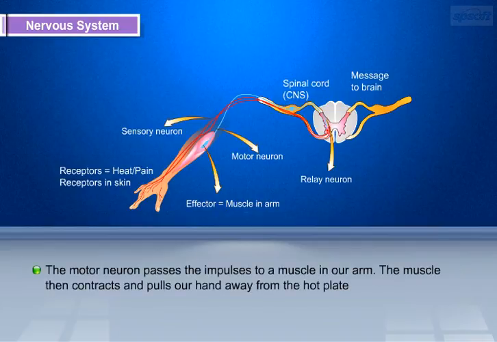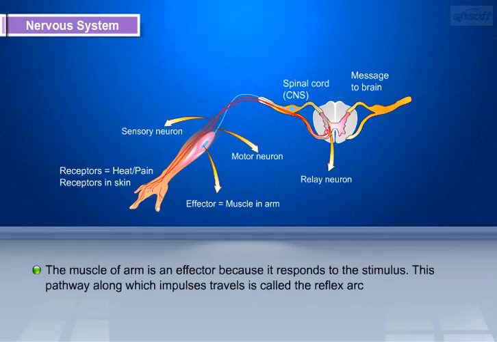The motor neuron passes the impulses to a muscle in our arm. The muscle then contracts and pulls our hand away from the hot plate. The muscle of the arm is an effector because it responds to the stimulus. This pathway, along which impulses travel, is called reflex arc.